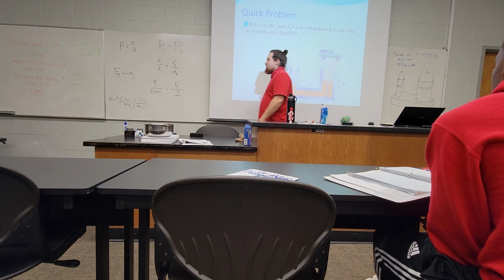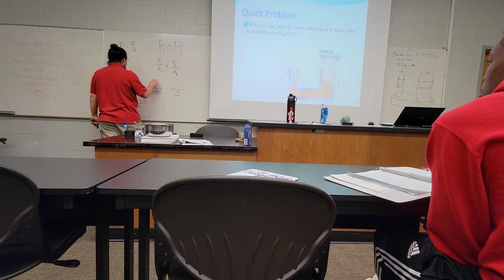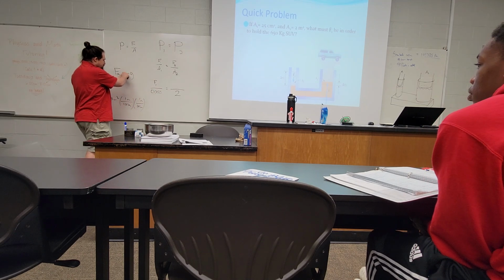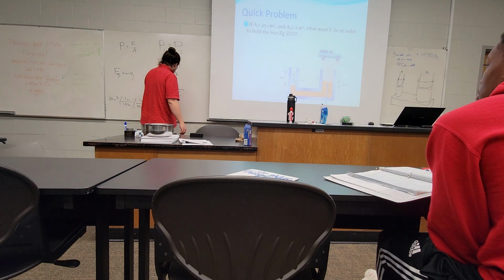How much force would one need to lift this car? I already said that we have to exert a force equal to its weight. So instead of F2, I'm going to write in mass times 9.8.